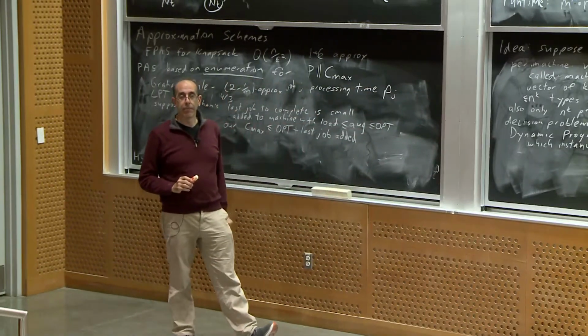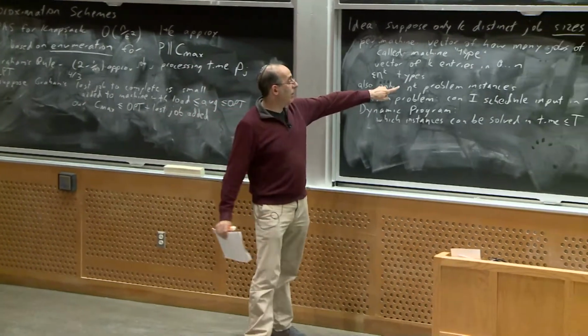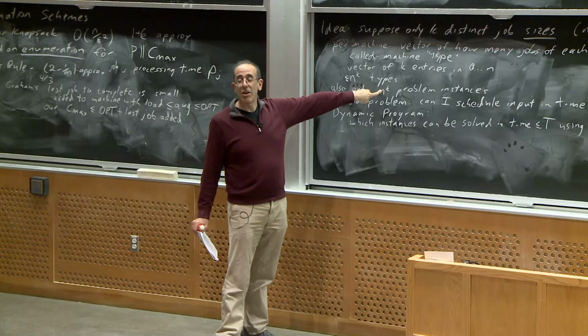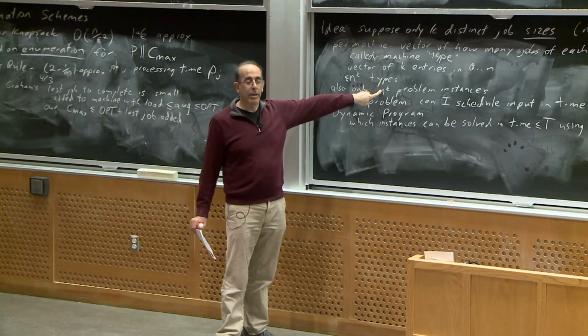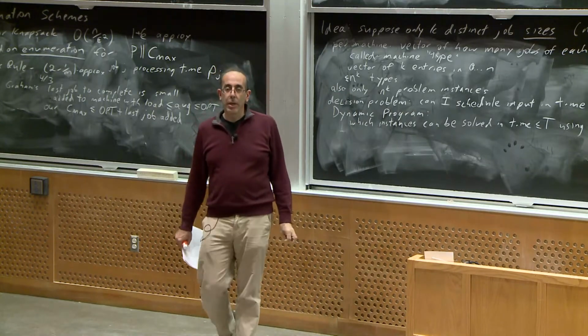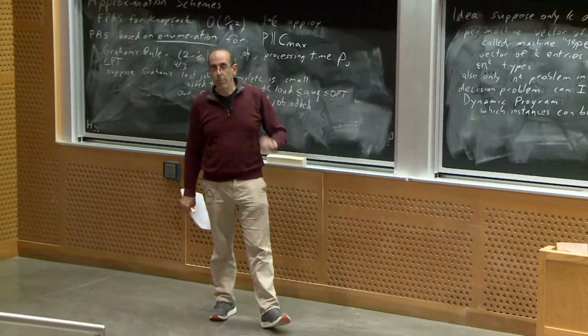Okay? And I'm going to remember there are only a polynomial number of possible problem instances. So I'm just going to list all the ones that are solvable in the target time. Okay? So let's think about this. Well, we know which inputs can be solved with 0 machines. That's not very interesting. How do we figure out which instances can be solved within time t using 1 machine?